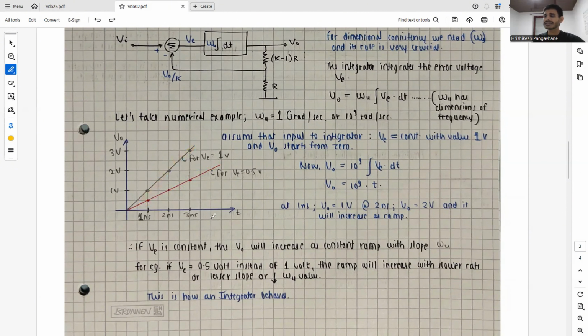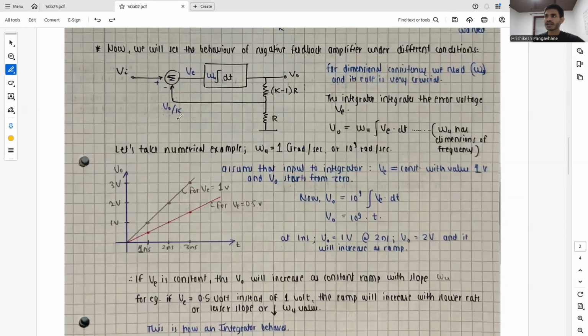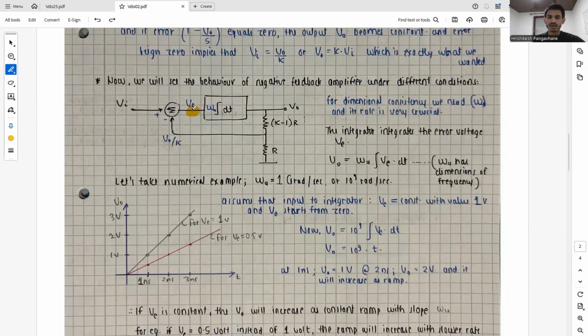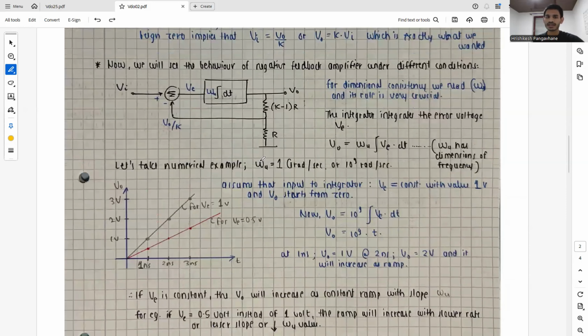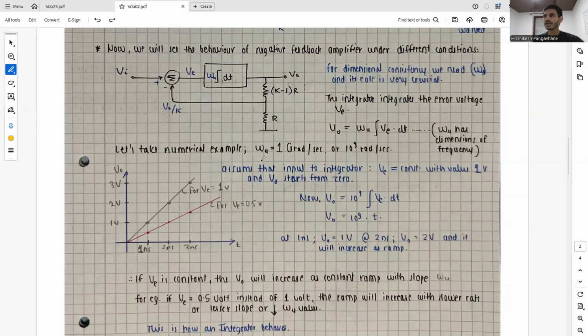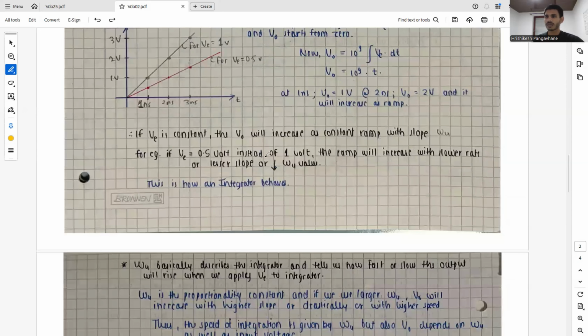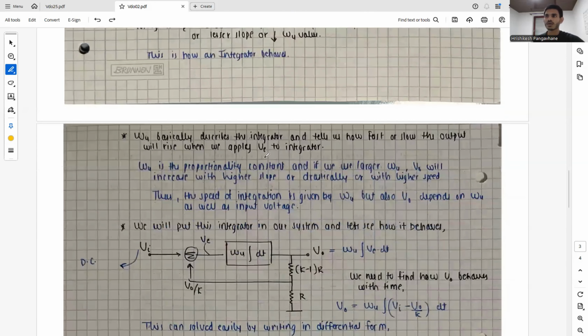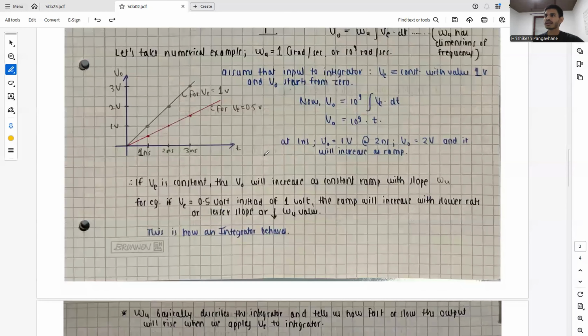So this is basically the behavior of the integrator, and here we have assumed a constant VE just to define the behavior of the integrator. Now omega u describes the integrator and tells us how fast or slow the output will rise when we apply VE to the integrator.